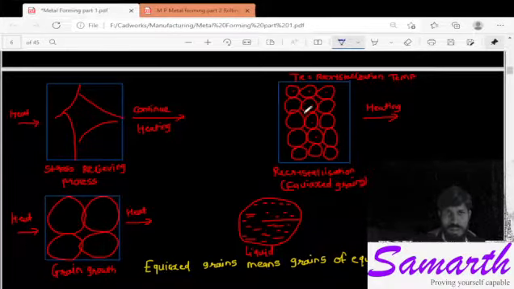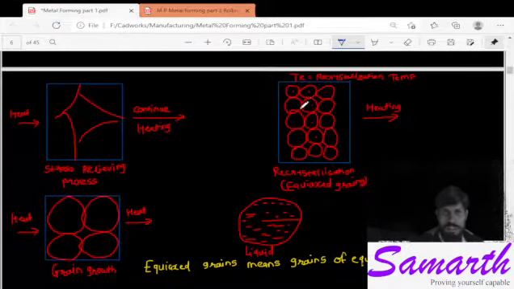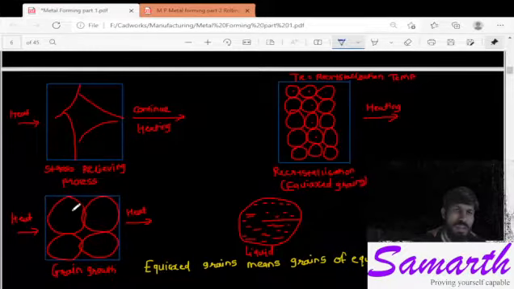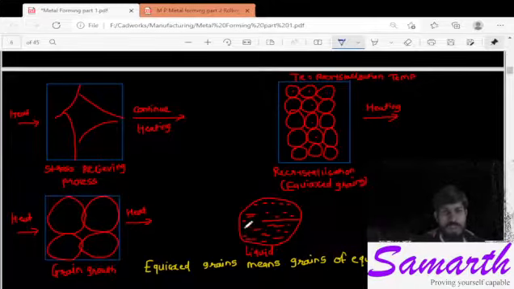Here you can see the diameter of all the grains is nearly the same, right? And after further heating, the grain growth will occur, and the grains will become larger, and if you continue heating, the material will get converted into liquid form.